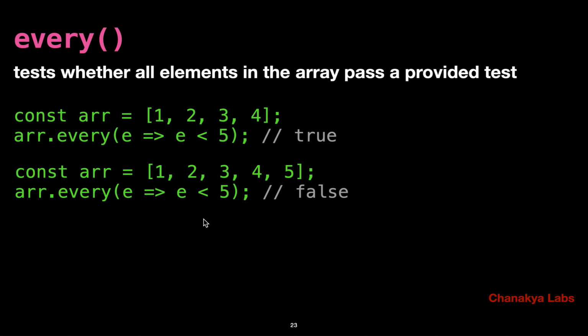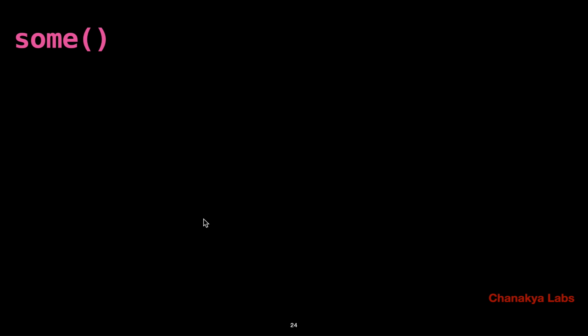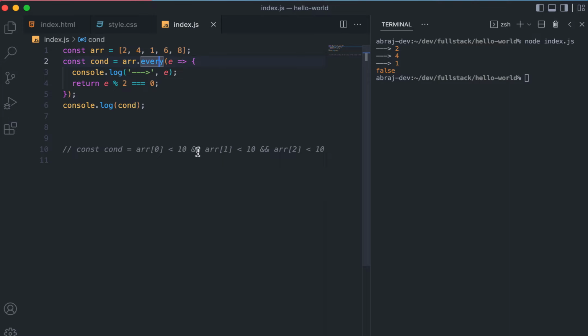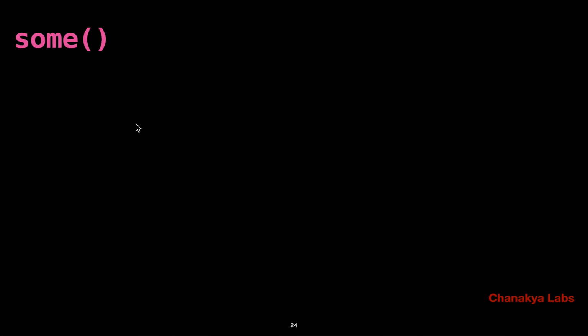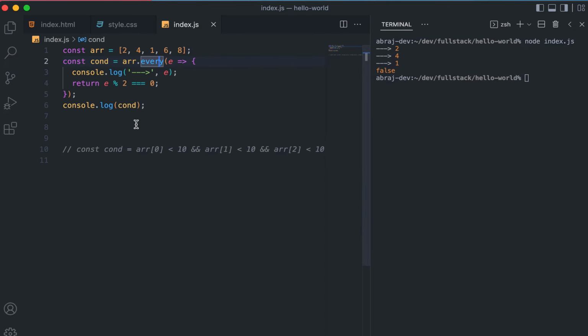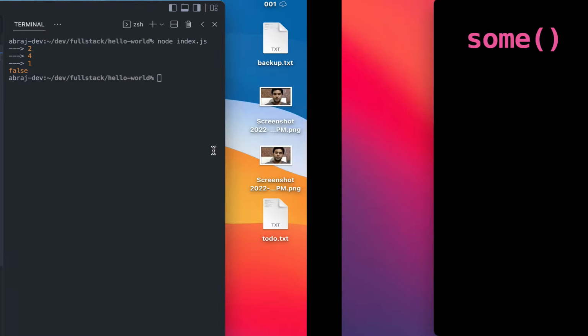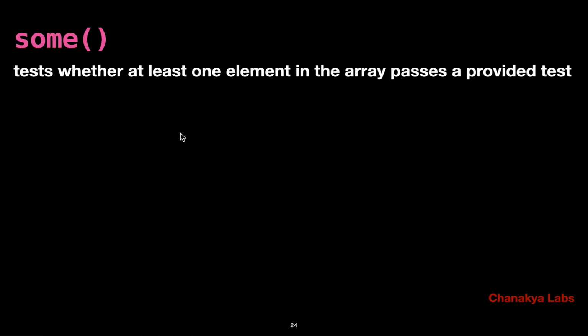One of the examples we saw. Now some is actually similar to every. The difference is that every is like a chain of ANDs, and similarly some you can understand like a chain of ORs. And you understand that AND and OR are both useful, so this might also be useful in some scenarios.